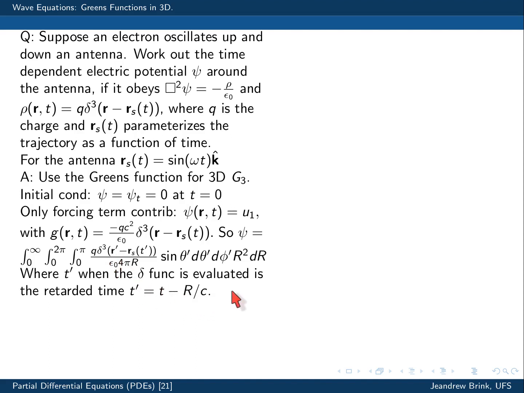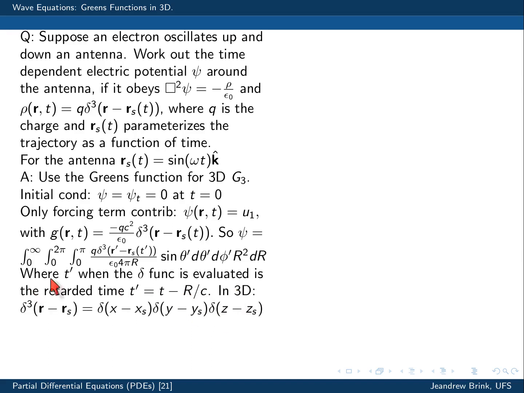So there's a delay between when the electron motion affects the solution at the particular point, and that delay is fixed by the speed of light. It's basically a wave solution, where it takes a certain amount of time for any disturbance to propagate from your source point to your field point.